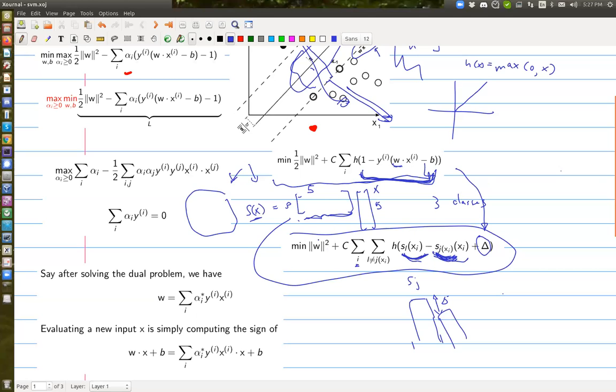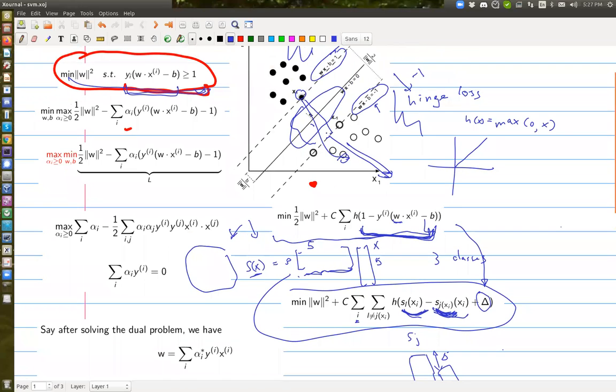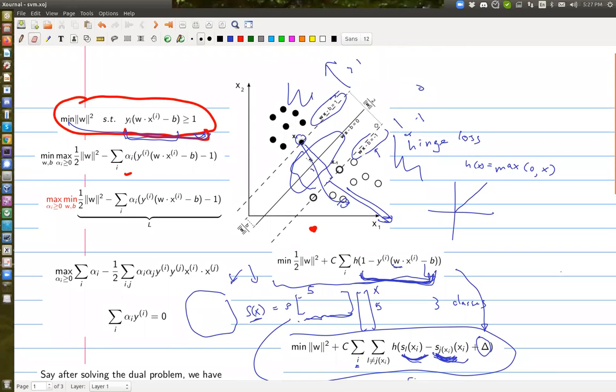Okay, this is just a quick remark for multi-class. Actually, for scikit-learn or something like that, people often implement multi-class SVM by instead using one out of others.